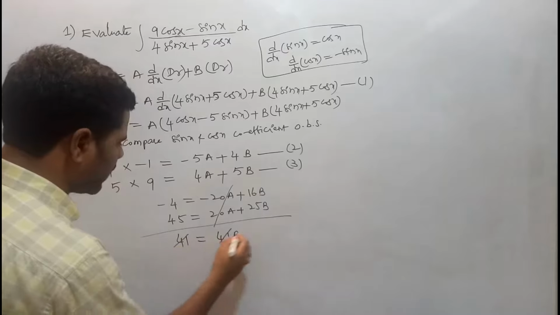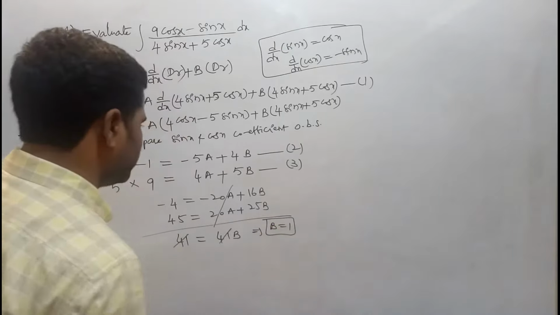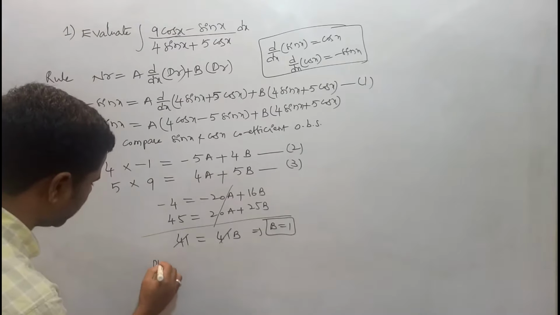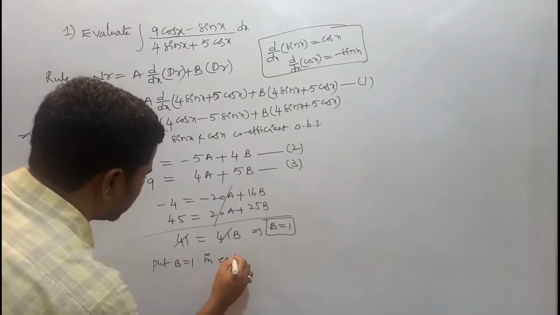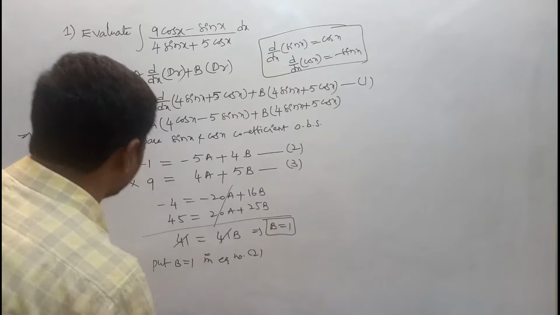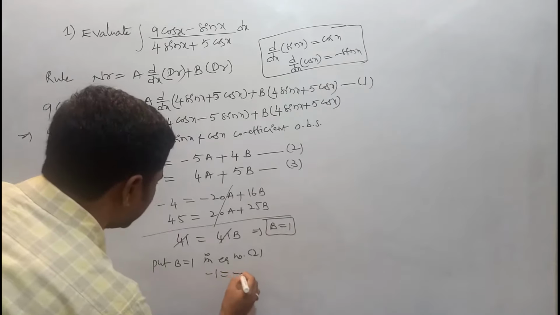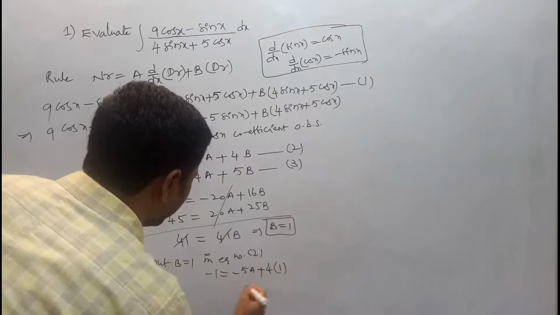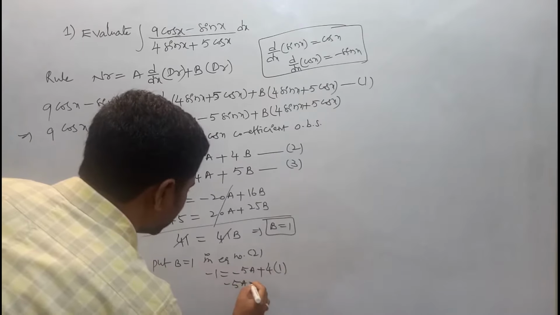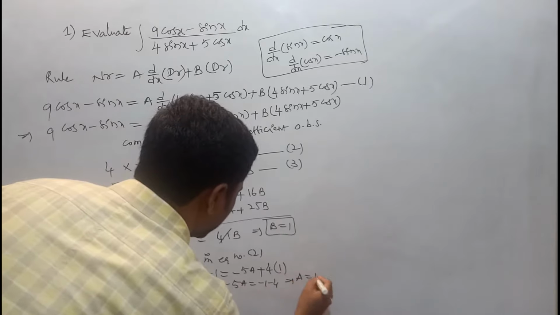So 41 get cancelled, so b is equal to 1. Put b is equal to 1 in equation number 2. So we get minus 1 is equal to minus 5a plus 4 into 1. So minus 5a is equal to minus 1 minus 4, so a is equal to 1.